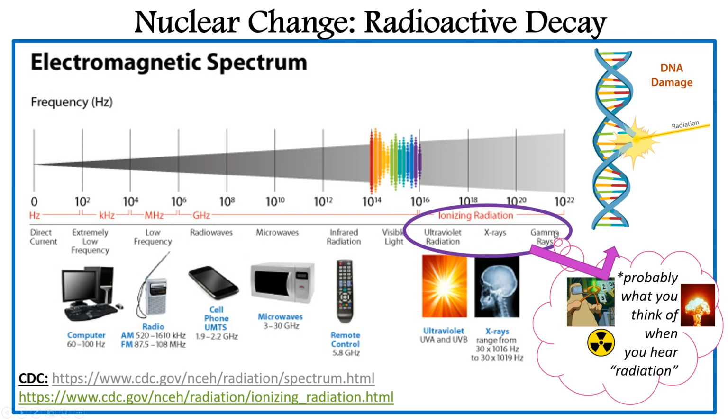And then gamma rays, you probably have associated with nuclear waste, and probably what you think of when you think of radiation in terms of nuclear stuff, because that's usually what it is. So, what's important to understand is that these types of high frequency, high energy radiation, there are a lot of studies that link it to harmful effects.